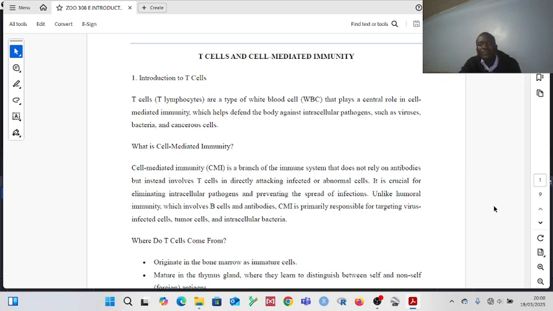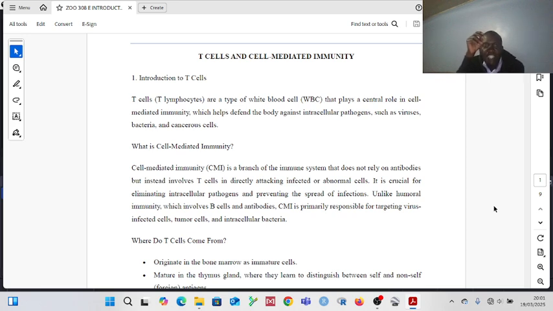Okay? So this cell-mediated immunity is crucial for eliminating intracellular pathogens, the pathogens that are found inside cells, because remember, it is attacking a cell that is infected. So when a cell is infected, the pathogen will be in the cell.